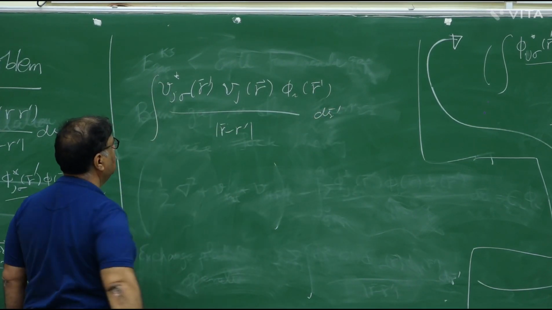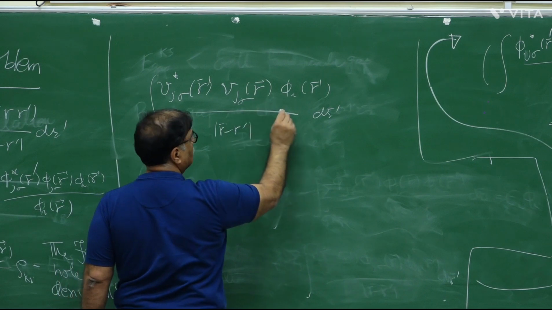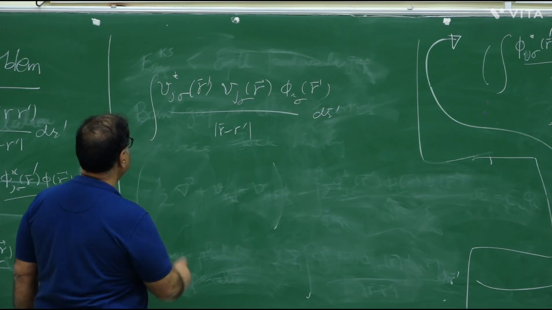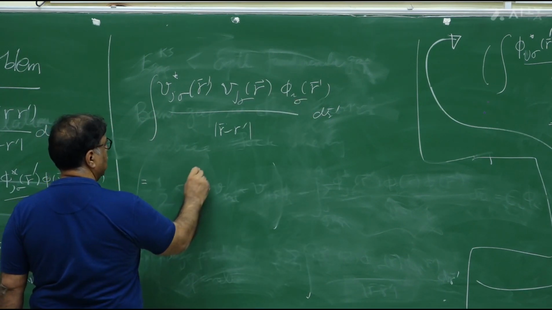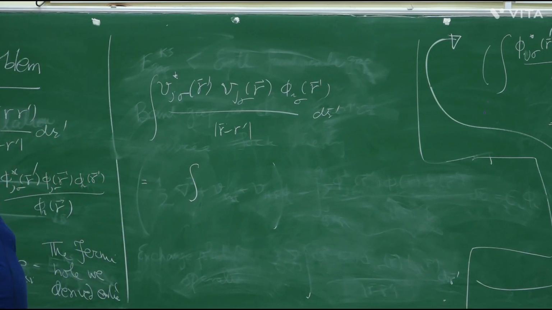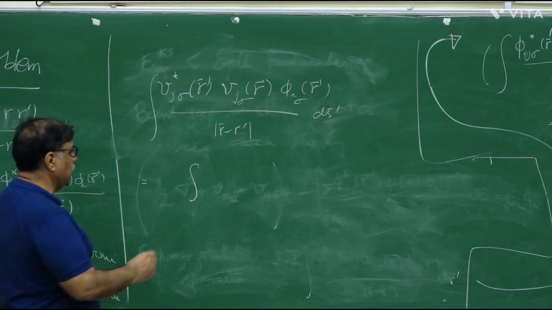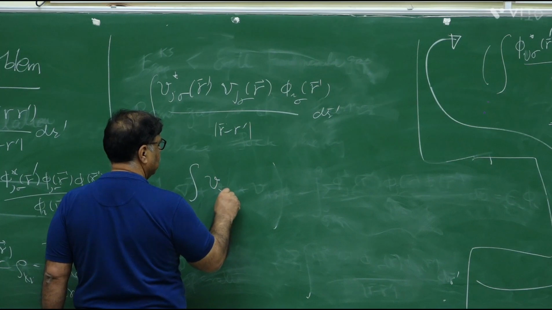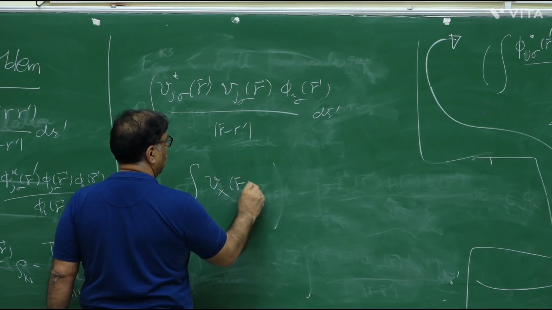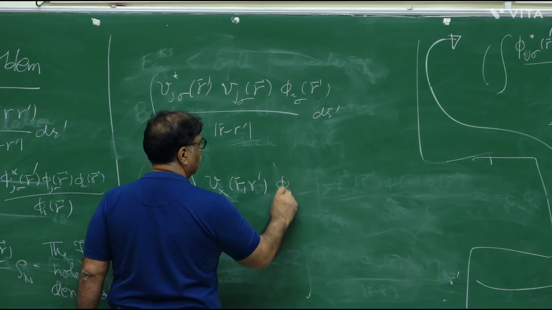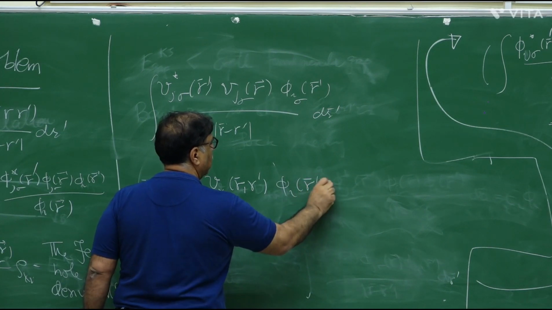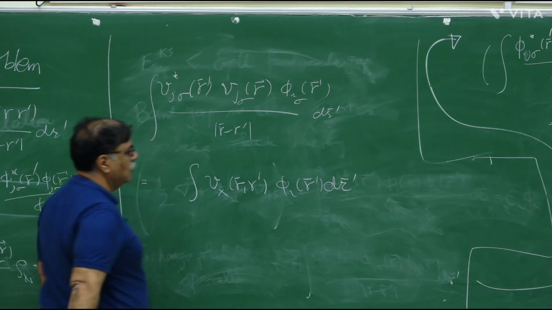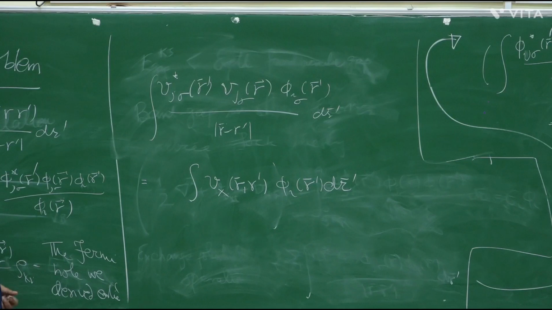This is all sigma. This I can write as an integral. Instead of an orbital dependent potential, I'm going to write this as a non-local potential, V exchange(r, r prime) phi i(r prime) dr prime, where the potential now is acting non-locally.